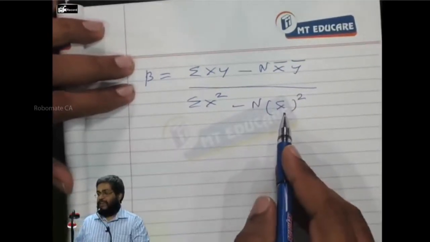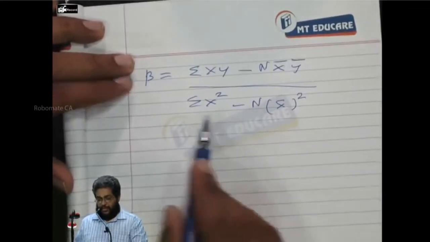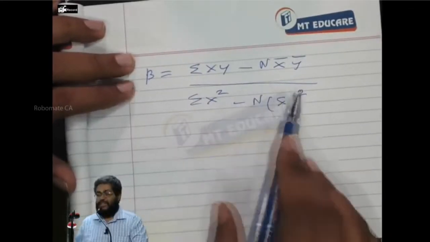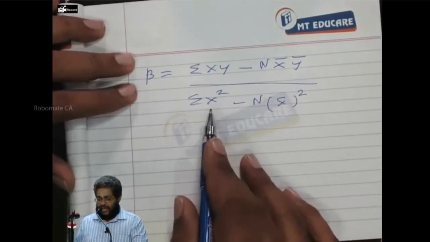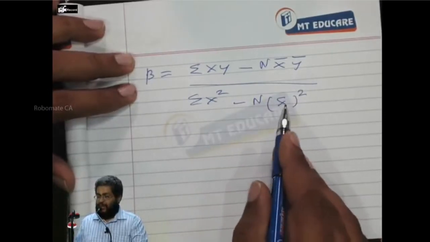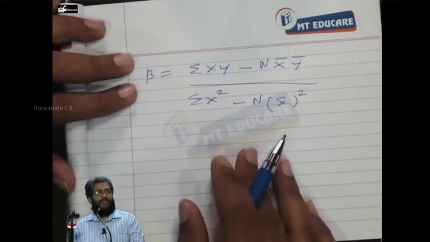The square is only for x bar, not for n. Be careful. Sigma xy minus n x bar y bar divided by sigma x squared minus n x bar the whole square.